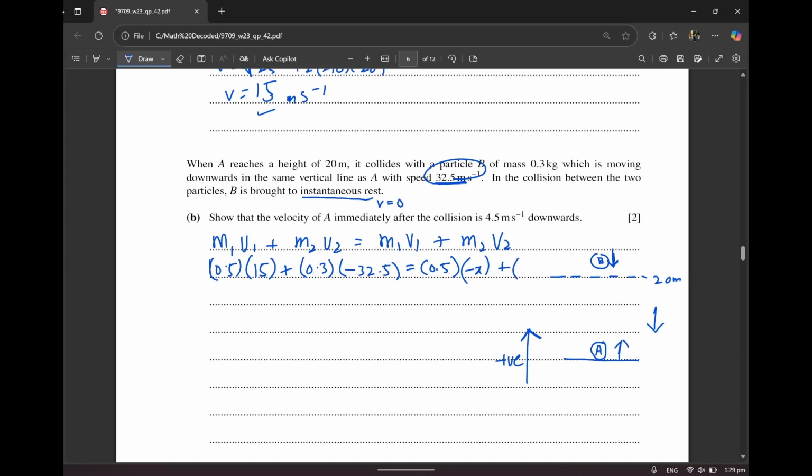M2 is the mass of B, that's 0.3, and the final velocity of B is 0, so I'll write this as 0. Anyways, when we solve this, it's going to come out as negative 2.25 is equal to negative 0.5x. Negative negative gets cancelled, and x comes out to be 4.5 ms^-1.